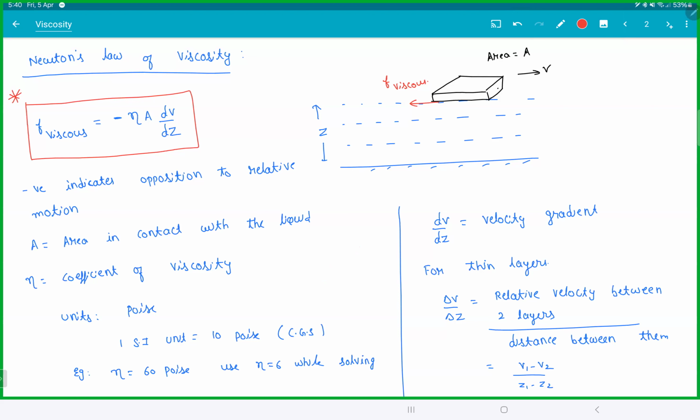We'll see later on in elasticity. So this is not pressure.